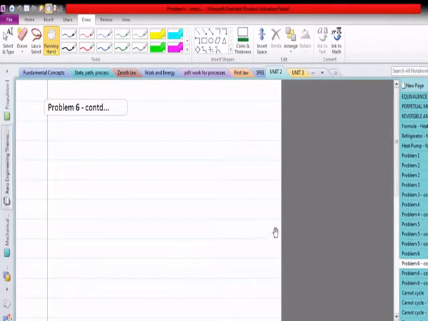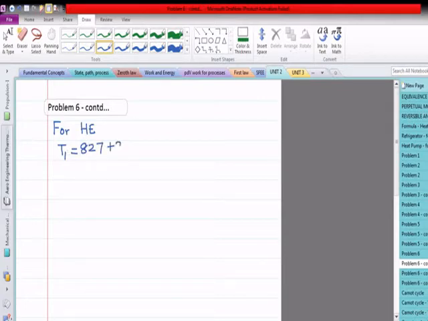First, let us write down the data given in the problem. First, the reservoir temperatures. For the heat engine, the hot reservoir temperature T1 is given as 827 degrees Celsius. I have to add 273 for converting to Kelvin, which is equal to 1100 Kelvin.